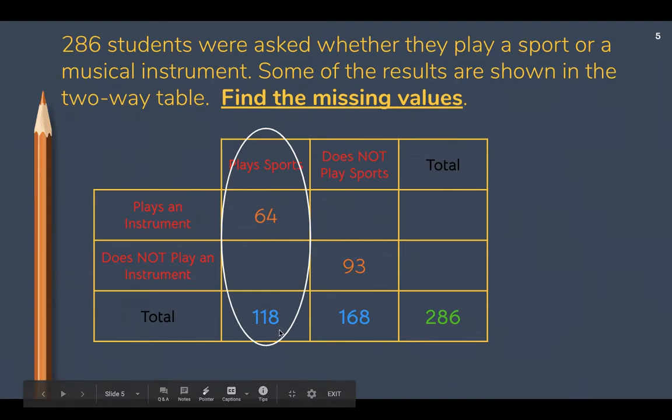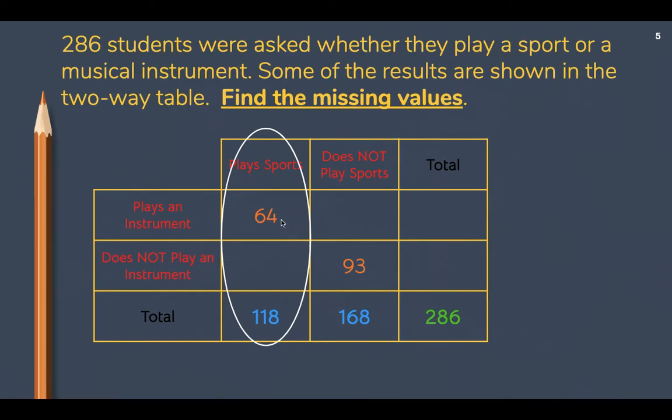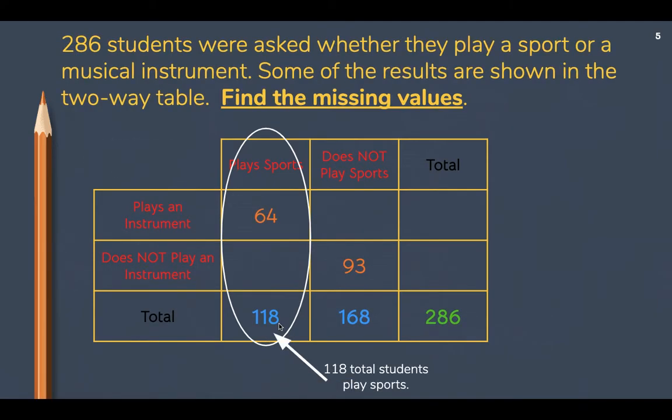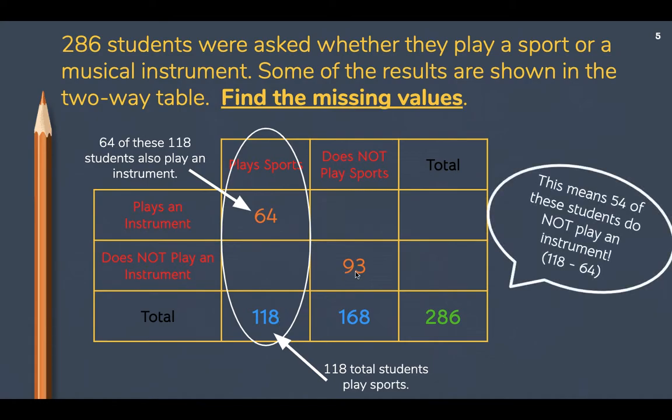So we know that there are 118 students that play sports. Of those 118, 64 also play an instrument. So we subtract these, 118 minus 64, and we get 54.